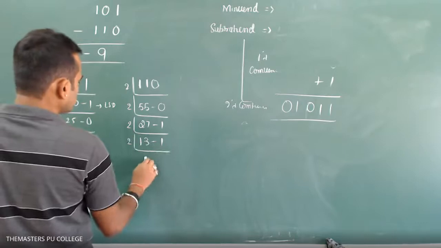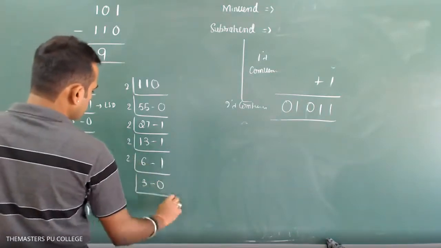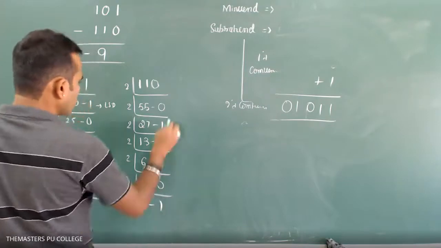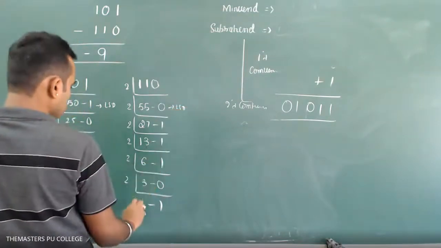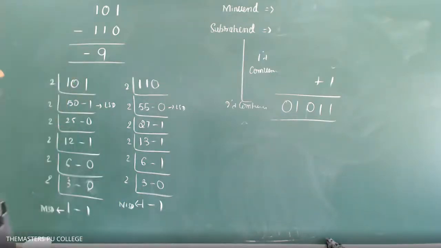Next 2 6 are remainder 1. Next 2 3 are remainder 0. Next 2 1s are remainder 1. Okay, this is LSD, this is MSD.